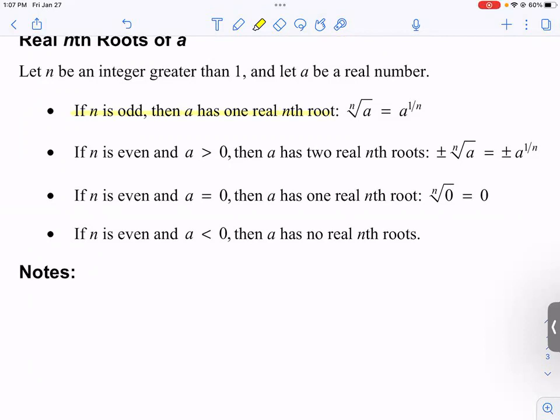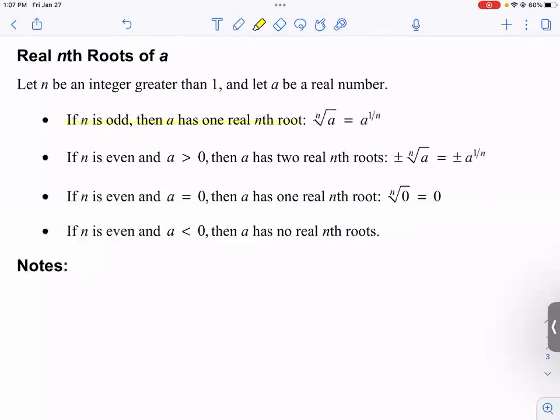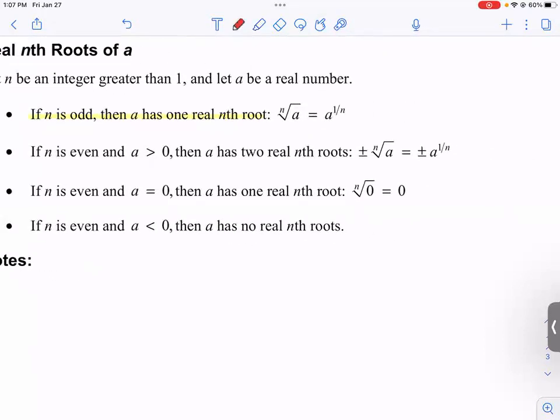The nth root can also be written as a power 1 over n. So like the cubed root of x could also be written as x to the 1/3 power.